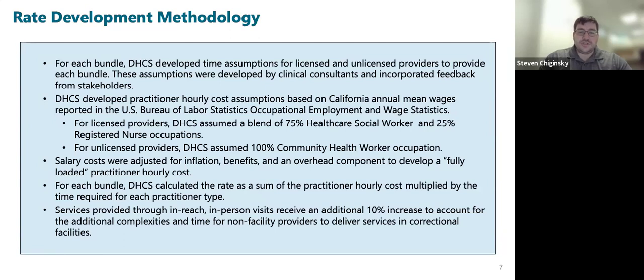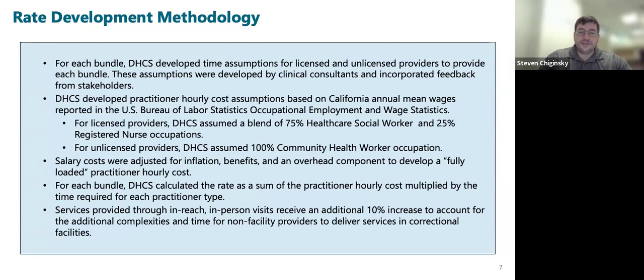Salary costs were adjusted for inflation, benefits, and an overhead component to develop fully loaded practitioner hourly cost. For the benefits, DHCS developed them to include employer taxes and benefits on par with those of the California state employee. For each bundle, DHCS calculated the rate as a sum of the estimated hourly costs multiplied by the time required for each provider type.